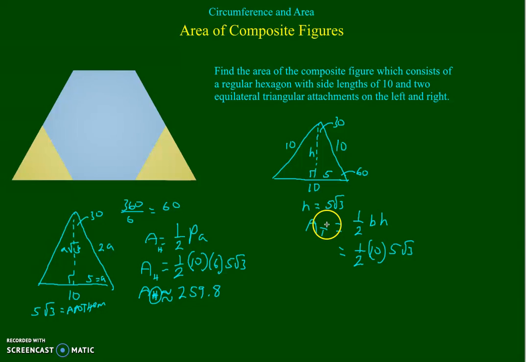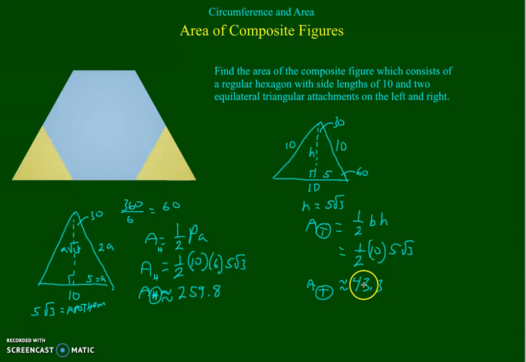So I'm going to go ahead and calculate this and store that into t. You can store that in any other value you want. That gives us approximately 43.3, and I stored that in memory location t.